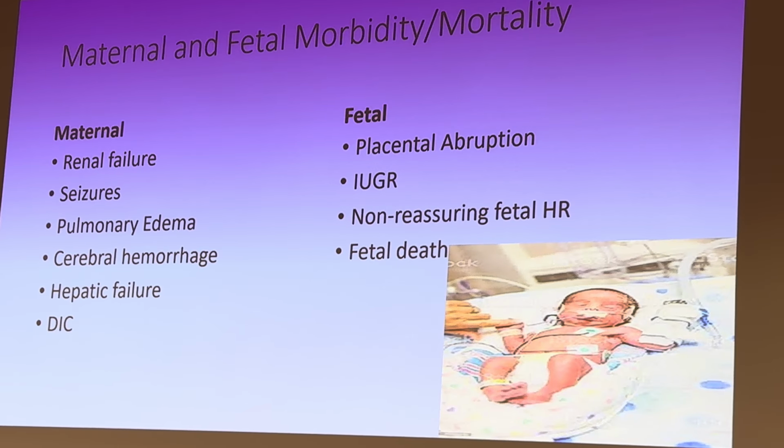Cerebral hemorrhage, I just basically mean a stroke there, right? So some of the complications they can have is they can actually have a stroke as well. That's why it's so important to educate these patients and make sure they understand, especially after they have a baby. You go home and you're worried about the baby and not yourself, because there's a lot of things that can happen to mom. So if we don't take care of mom, we can't take care of baby.